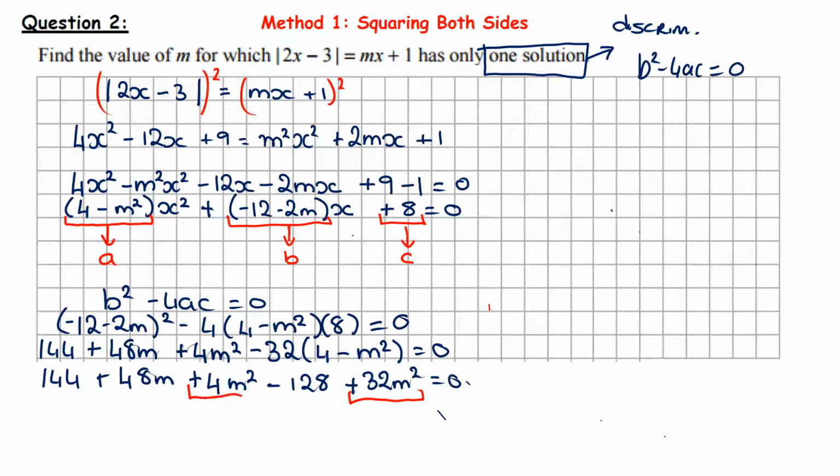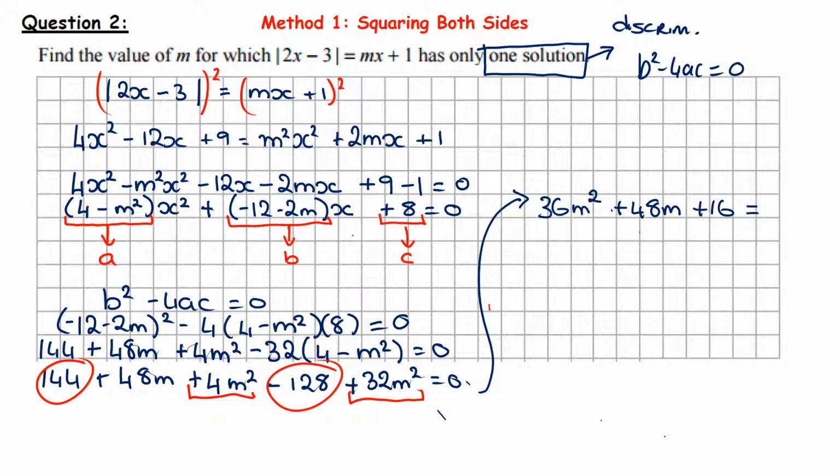We have an m squared, an m, a number, and a number. So I'm just going to bring this up here. So we end up with 36m squared plus 48m plus 16 equals 0. Now to simplify this, we can divide across by 4.